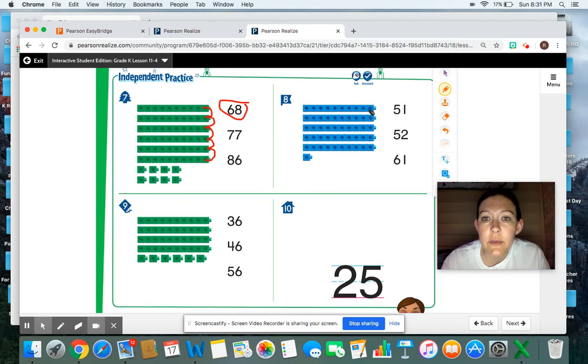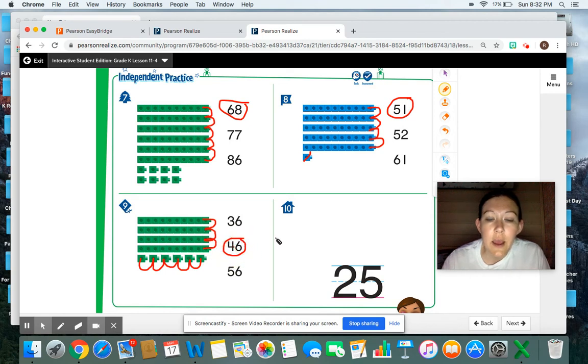All right, here we go again. 10, 20, 30, 40, 50, 51. And there's that number 51. All right, we're going to go by tens and then by ones. 10, 20, 30, 40, 41, 42, 43, 44, 45, 46.